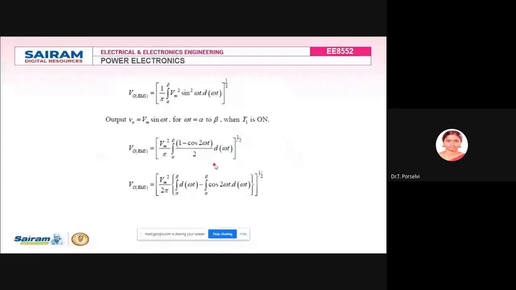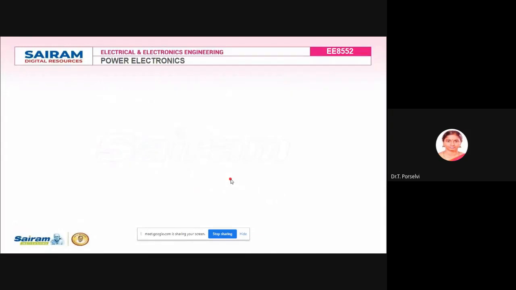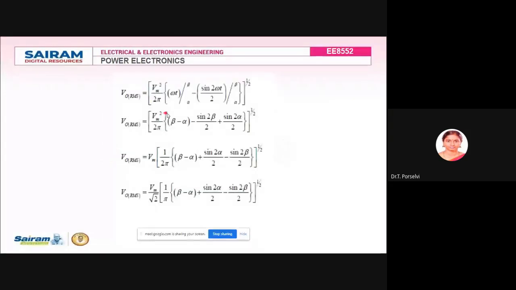You have to integrate d of omega t and cos 2 omega t. The integration of d of omega t is omega t, with limits alpha to beta, and the integration of cos 2 omega t is sine 2 omega t by 2, with limits varying from alpha to beta.